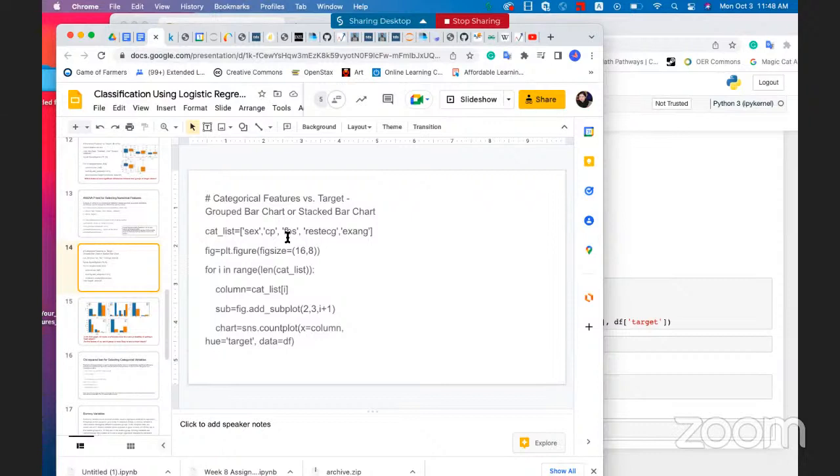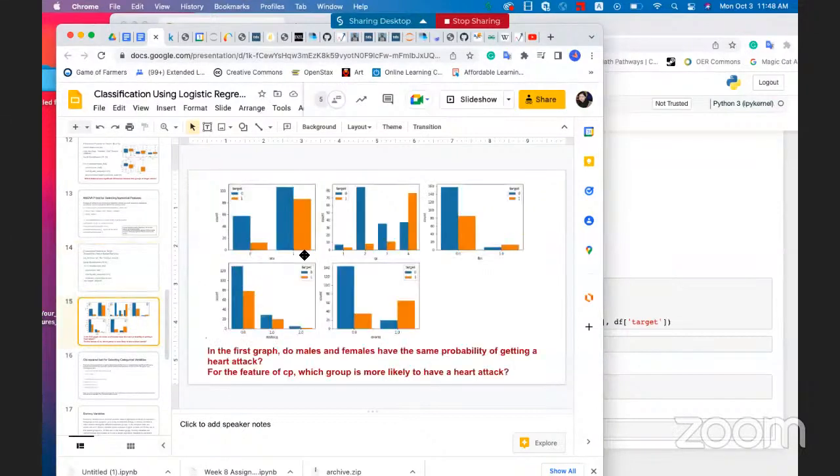However, some of the variables here, like sex, gender, and some of the other ones, are categorical variables versus the target variable, which is also categorical. So how do we tell whether they are different? Is there a significant difference between these two groups?